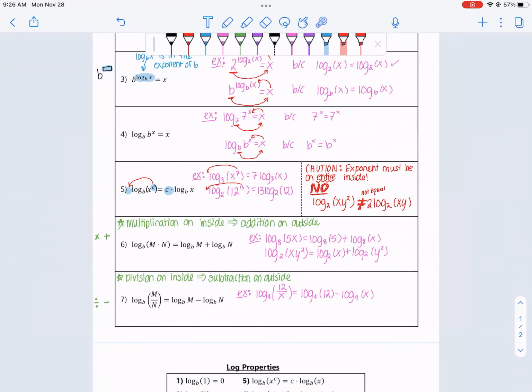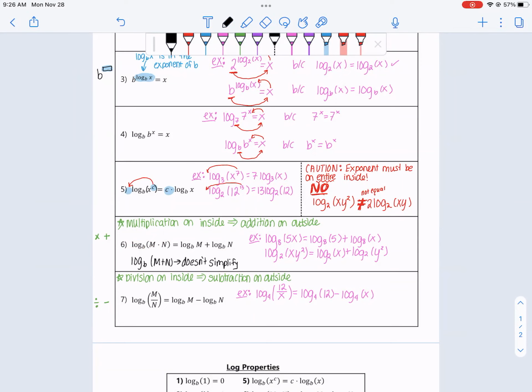Now, one thing I want to point out is that especially rules 6 and 7 can be easily misinterpreted. Addition on the inside of a logarithm doesn't do this. If you have log base b of m plus n, this doesn't do anything, doesn't break up, doesn't simplify.